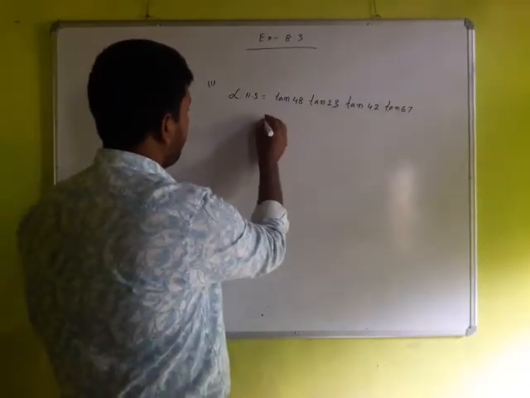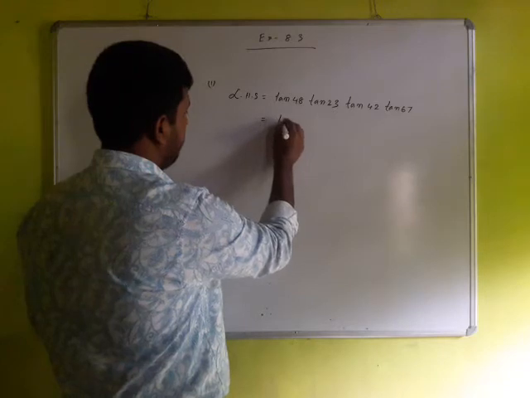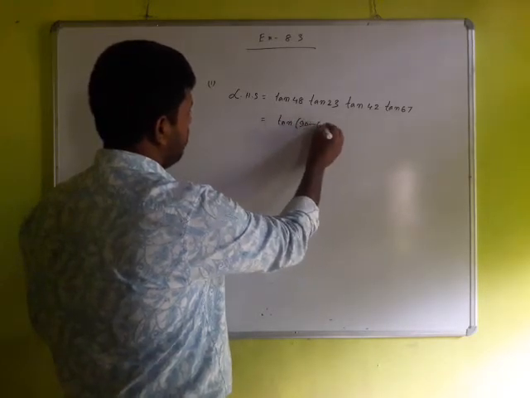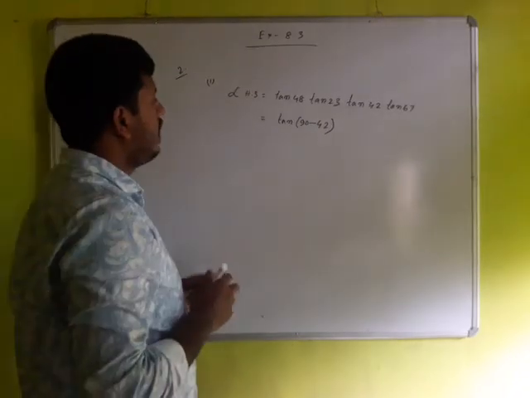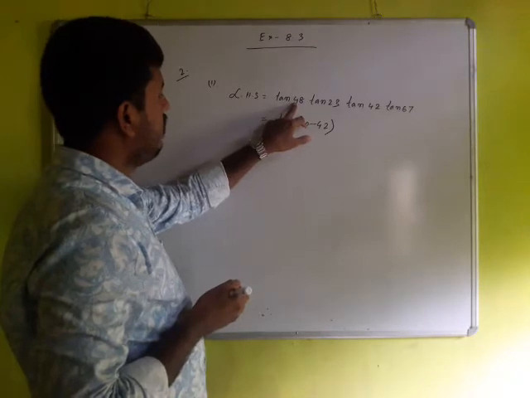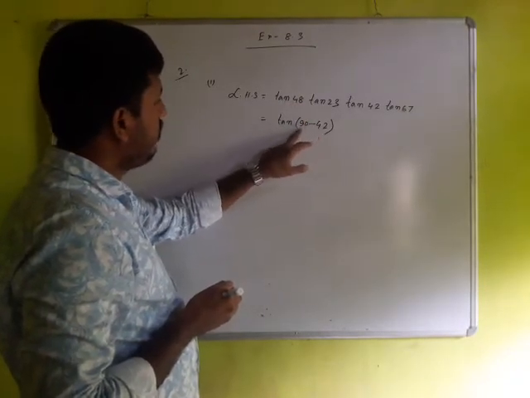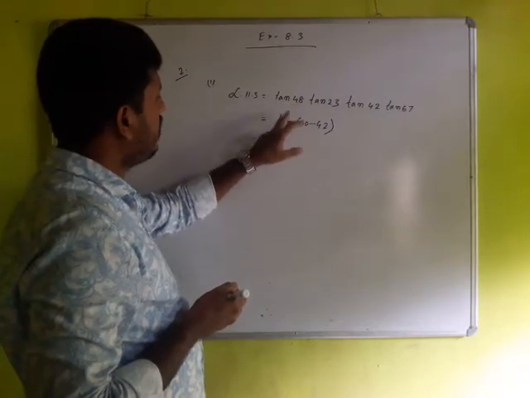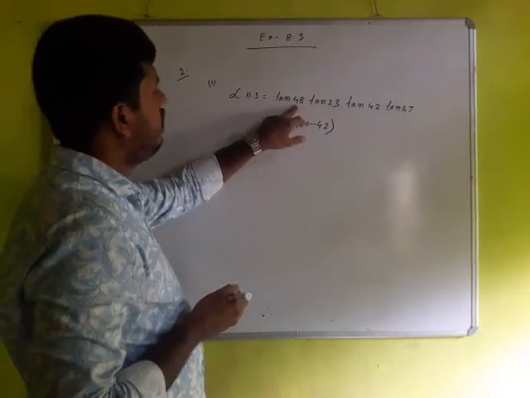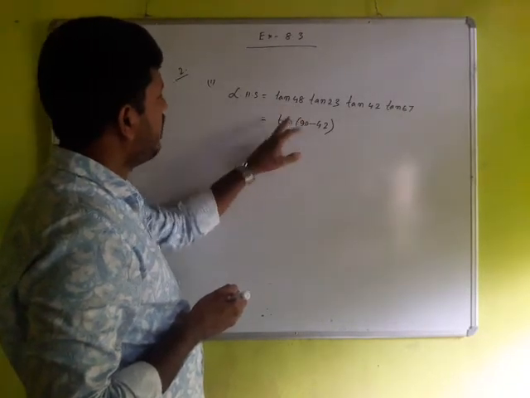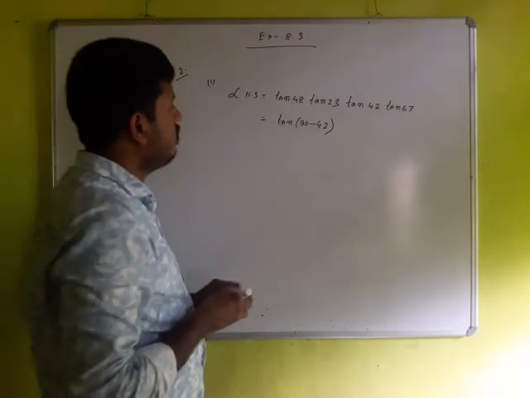So tan 48 can be written as tan(90 minus 42). Where did this 42 come from? 42 is the complementary angle of 48. If we subtract 42 from 90, then we will get 48. So first we have to think of the complementary angle of this value. The complementary angle of 48 is 42, so tan 48 can be written as tan(90 minus 42).